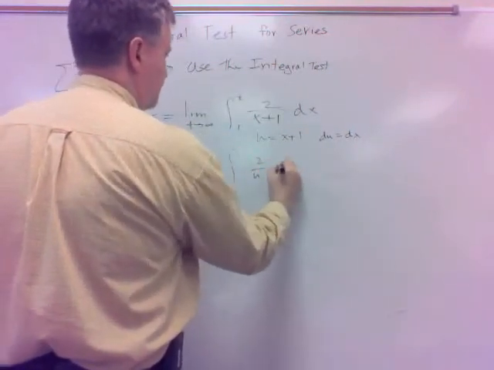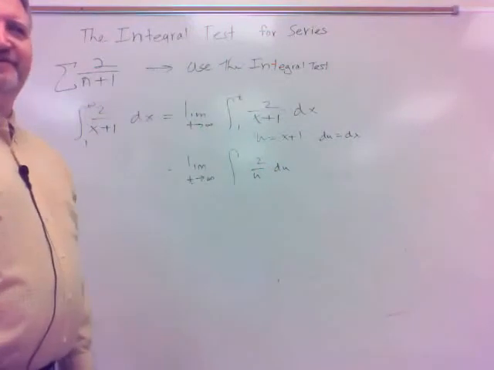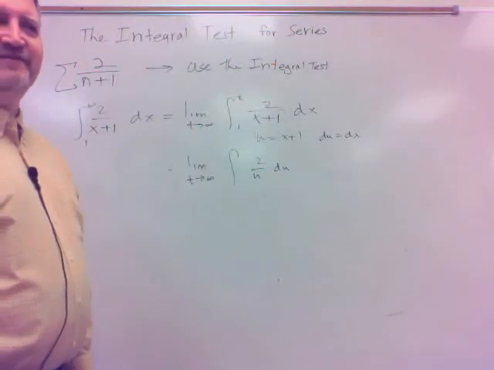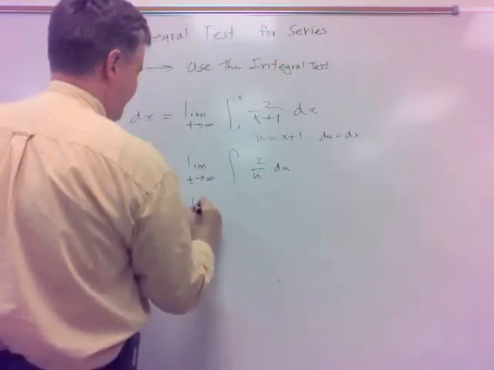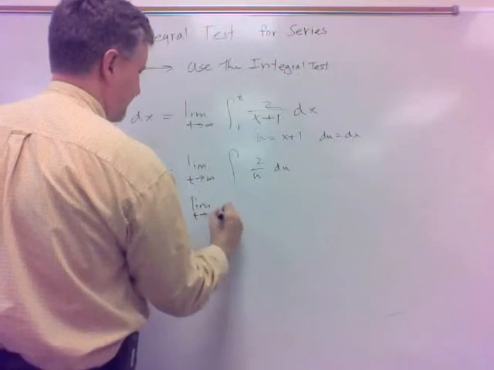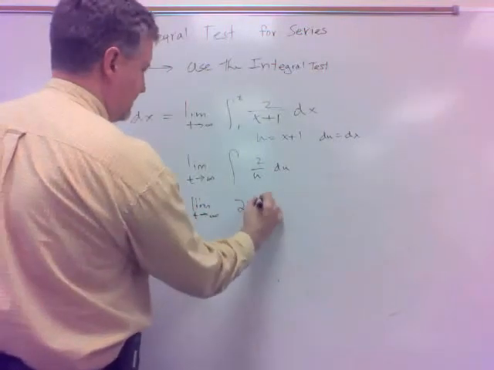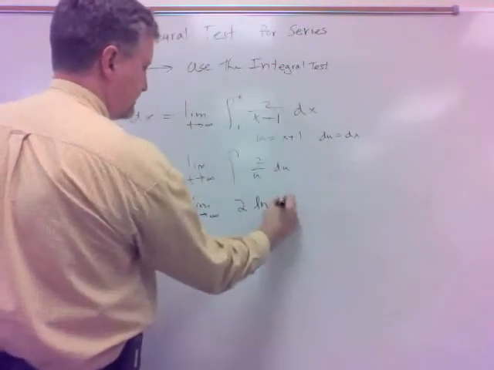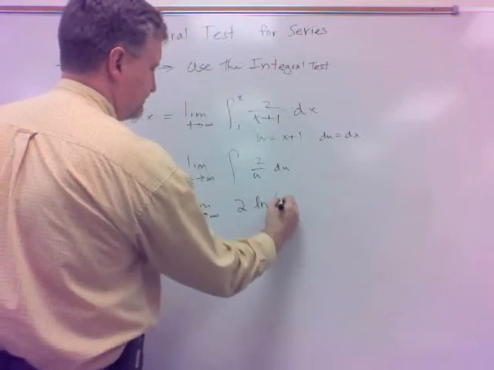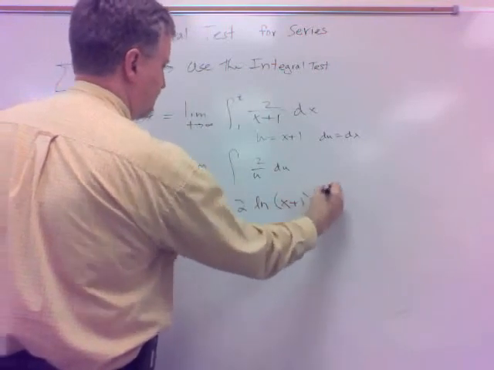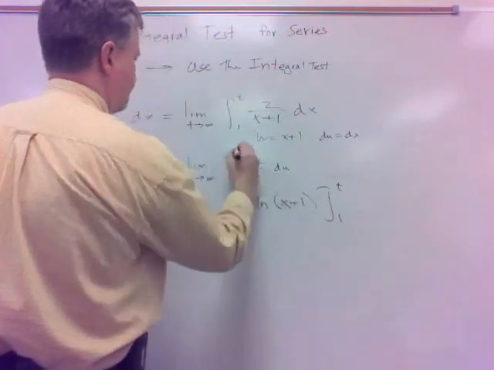It's 2 over u du, isn't it? What is that? Antiderivative. Integral. It's ln, yeah, it's ln. Nothing else, this is just good. And we're talking positive, so we can just use u. U is x plus 1. And we're going from 1 to t.